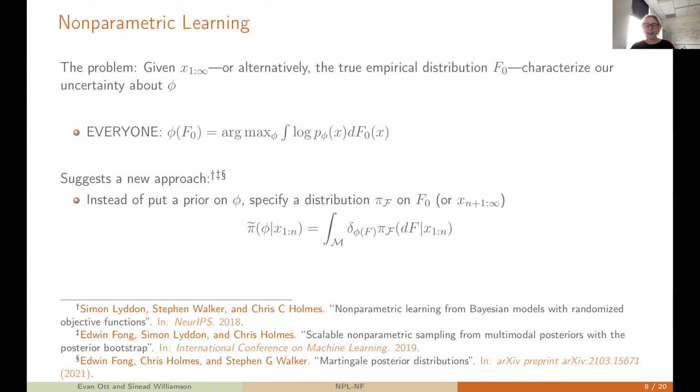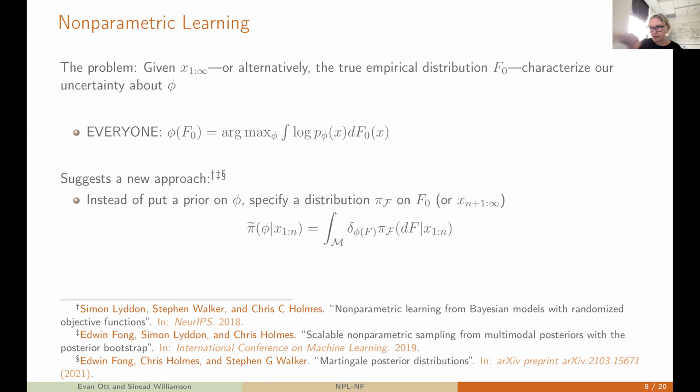Or alternatively, about what that underlying empirical distribution function looks like, given the things we've seen so far. Right?